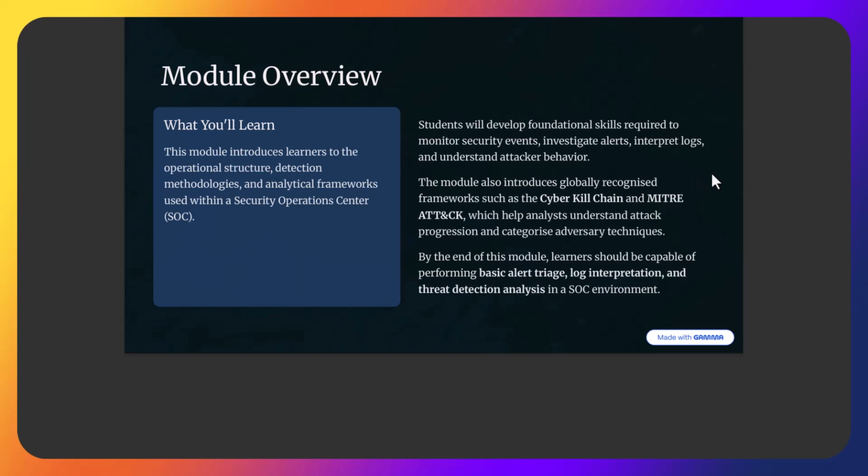These frameworks help analysts to understand how attacks progress, identify attacker techniques, and improve threat detection capabilities. You understand? By the end of this module, learners should be capable of performing basic alert triage, log interpretation, and threat detection analysis in a SOC environment.